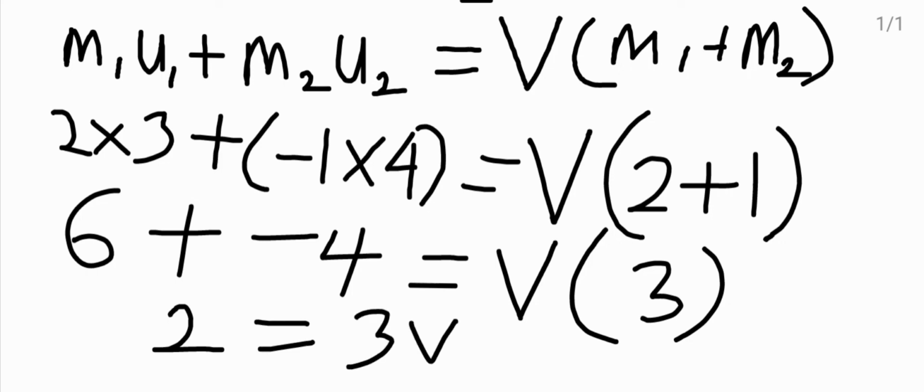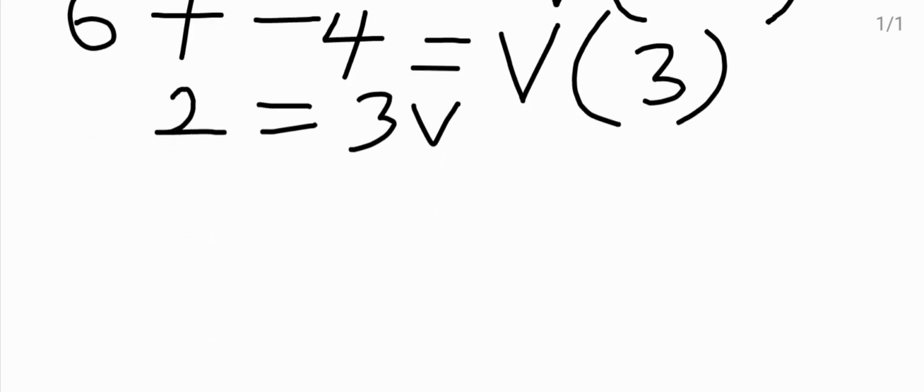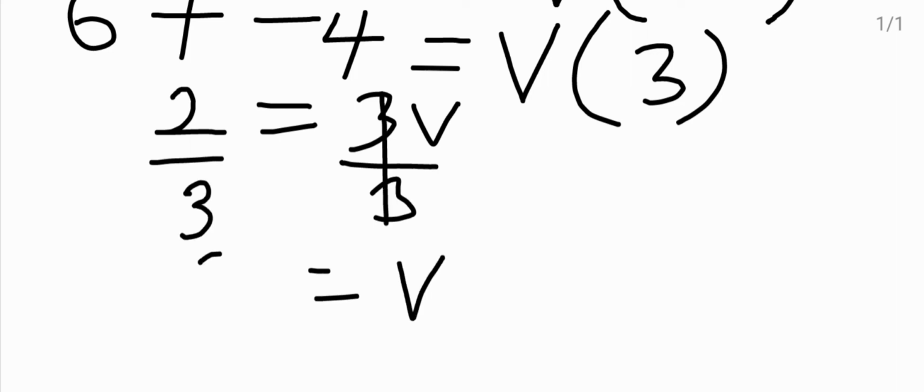So in that case, our final speed will be 2 over 3. So the final answer is 2/3 meter per second. So this is how to calculate a question like this.